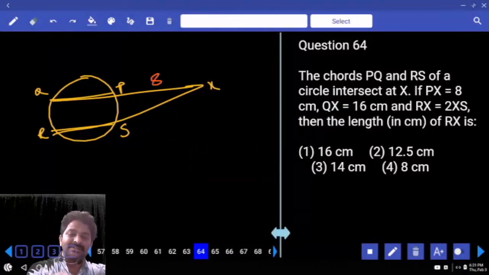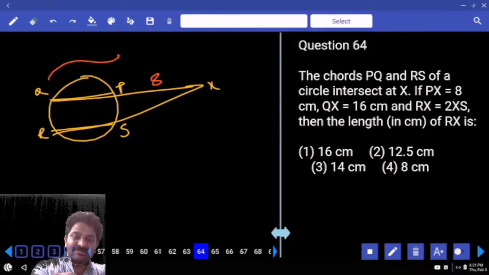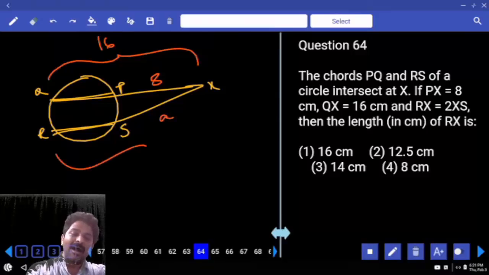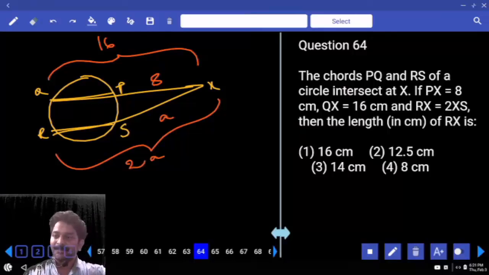PX is equal to 8, QX is equal to 16. If XS is equal to A, RX is equal to 2A according to the condition, correct? Right.